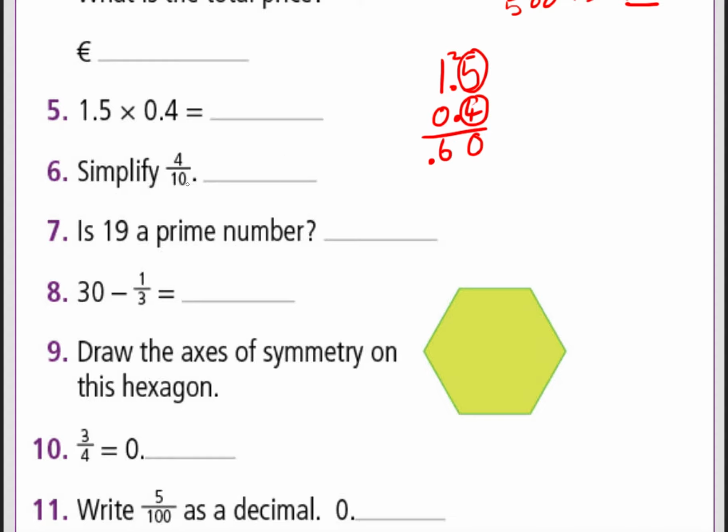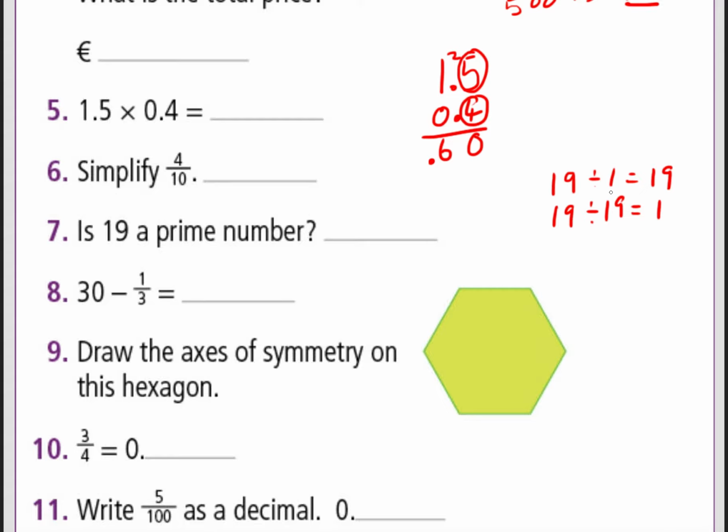Simplify 4/10. Well, we know that 2 will divide into the top and the bottom, and that'll simplify that for us. Is 19 a prime number? Okay, so see if you can divide 19 by 1. That's equal to 19. You can divide 19 by 19. That's equal to 1.